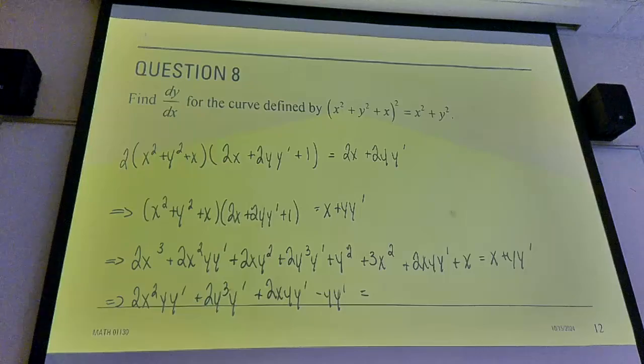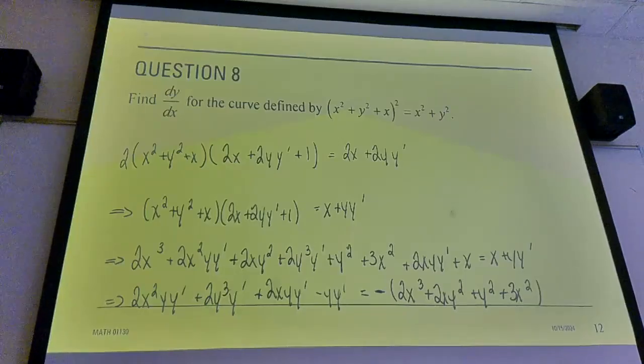There's one side. And everything that I'm going to be subtracting is positive. And the x's wind up dropping out.